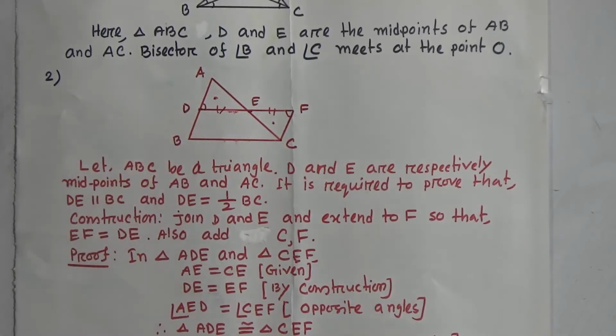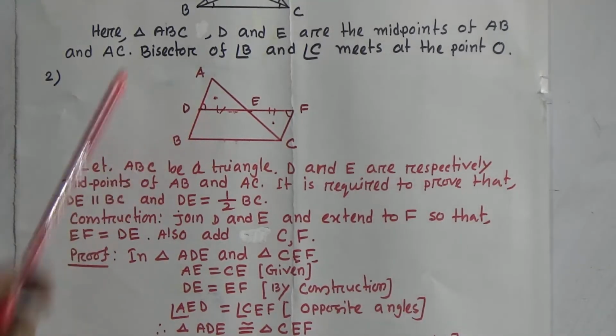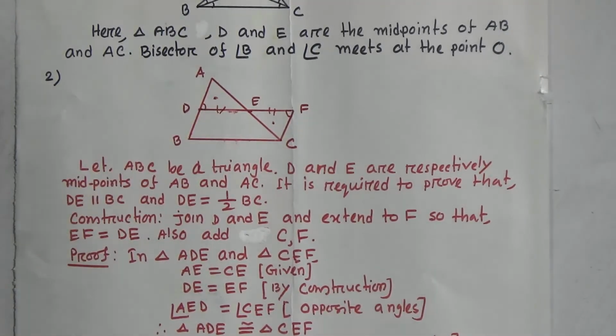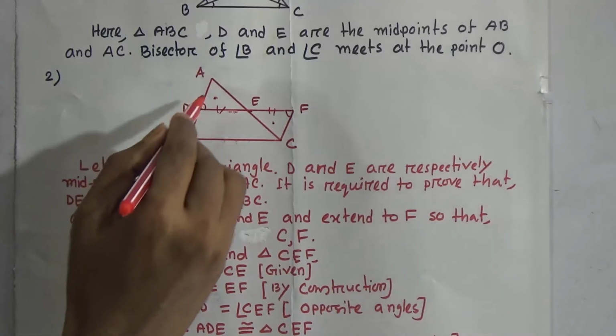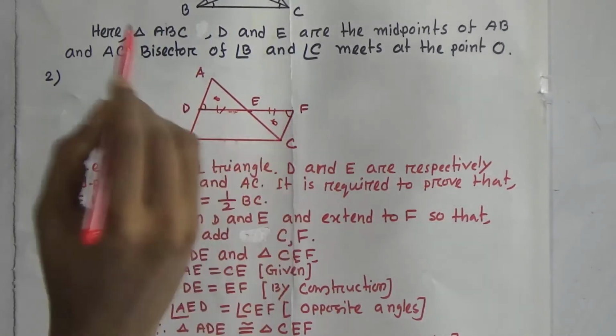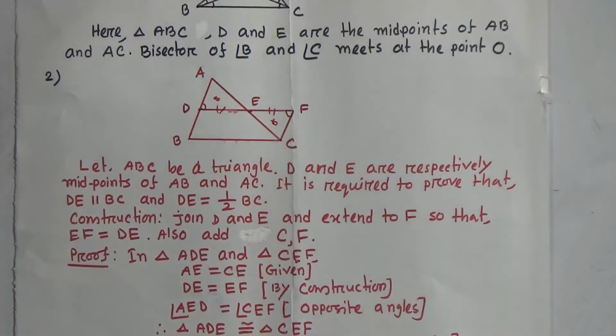So BD and CF are also parallel, as AD equals BD. Please see, I have marked this triangle and this triangle. Students, notice carefully: ADE and CEF. Angle A equals what?